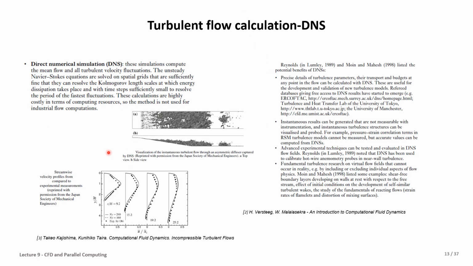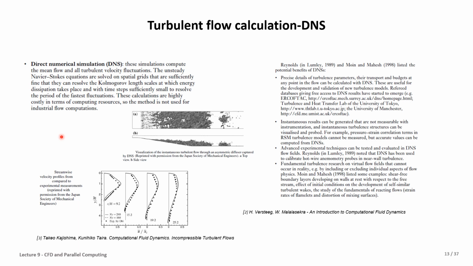The next turbulent flow calculation method is direct numerical simulation, DNS. This simulation computes the mean flow and the turbulent velocity fluctuation. It means this method provides the exact and accurate solution. However, the most important thing in DNS is that these calculations are highly costly in terms of computing resources.